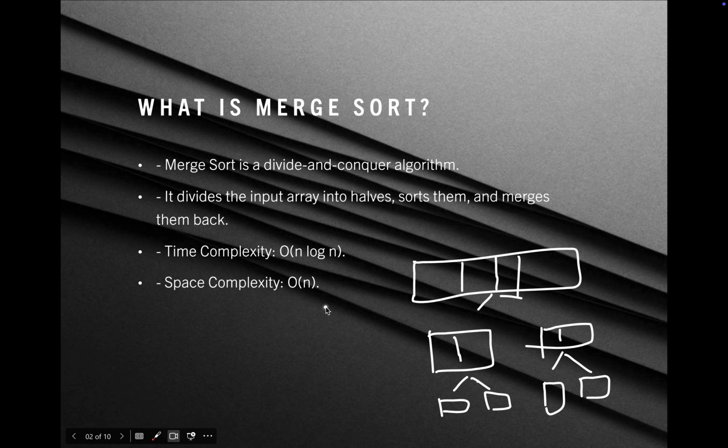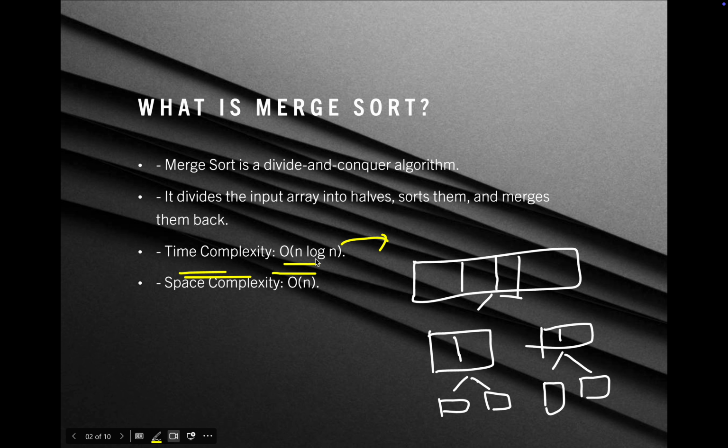One of the most important reasons for learning merge sort is that its time complexity is O of n log n. Before that, you learned different sorting algorithms like bubble sort, selection sort, and insertion sort, which all take O of n square complexity.